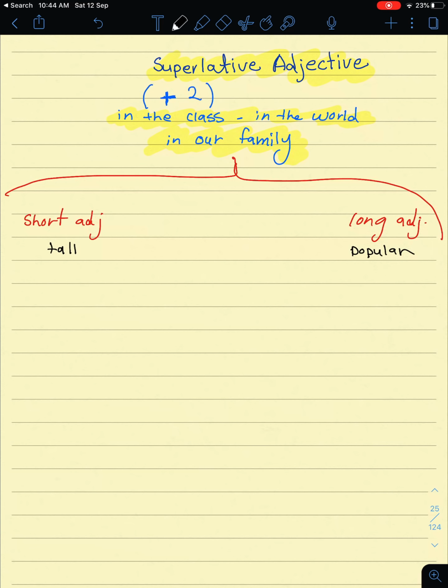I'll write two sentences right now and then we will compare using the superlative adjective. Let's say Zahra is tall girl in the class.